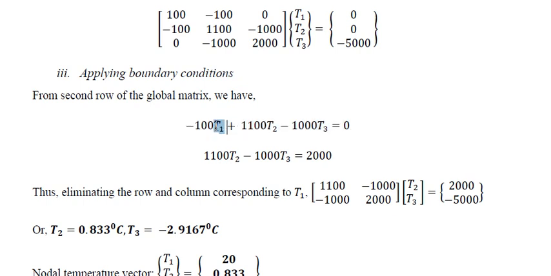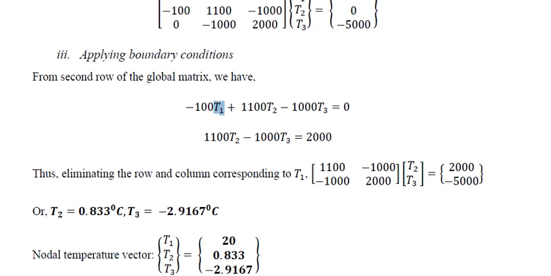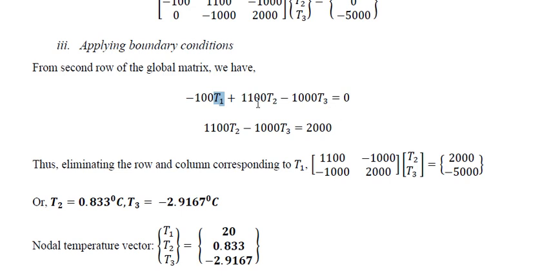T1 is known, T1 is given. What is the value of T1? It is 20 degrees centigrade. We are dealing with degrees centigrade.